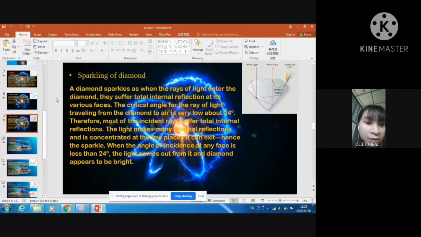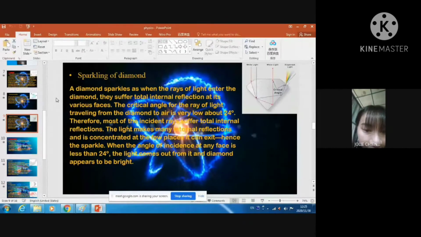The last one is the sparkling of diamond. Diamond sparkles when the rays of light enter the diamond. They suffer total internal reflection at its various faces. The critical angle for the ray of light traveling from the diamond to air is very low, about 24 degrees.